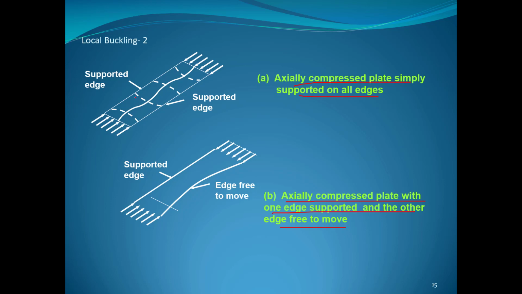So we have the plate here, supported at all the edges, simply supported, and we are applying a compressive stress in both the directions, and the plate will buckle like this with the same curves shown in the figure. In the other case, this edge is supported, and this edge is free to move. So there will be uplift on the free edge.